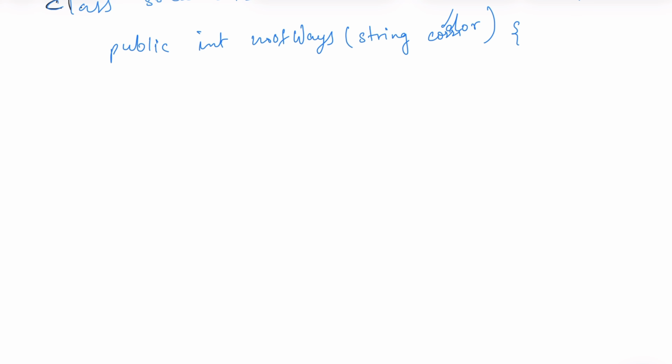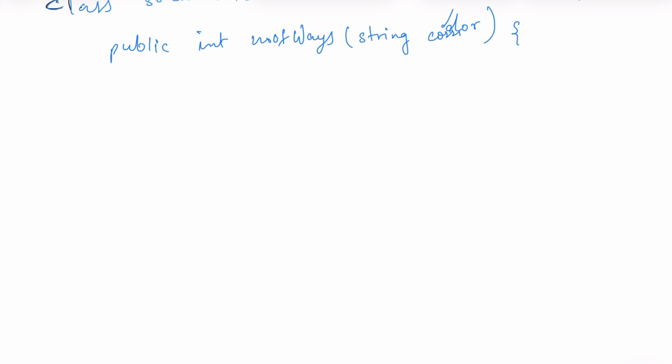Now we take the plants between, so I'll define int plantsBetween as 0. I hope you understand till now. This is what we have to define at the very first.